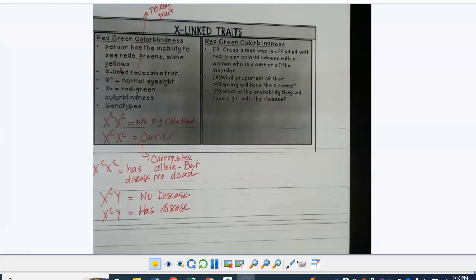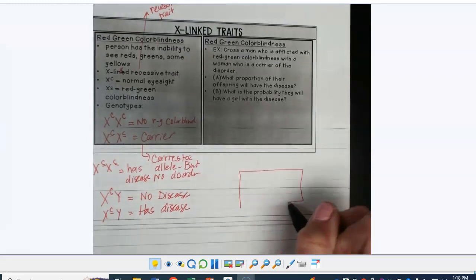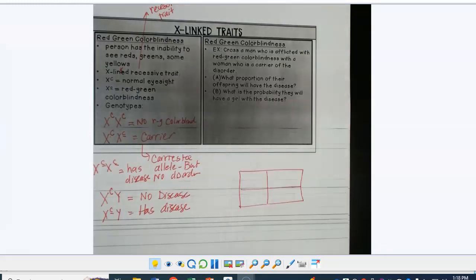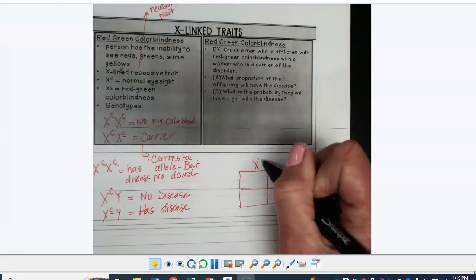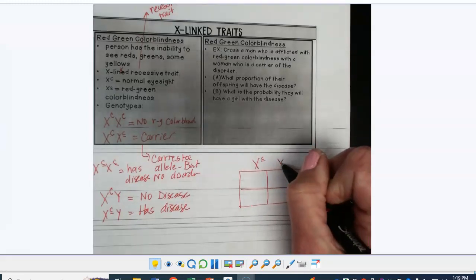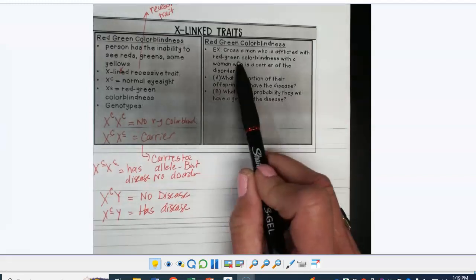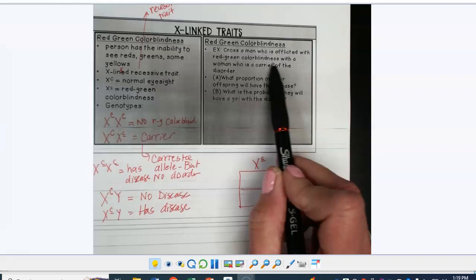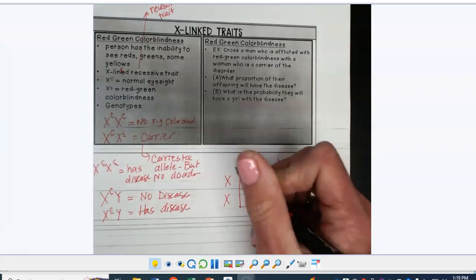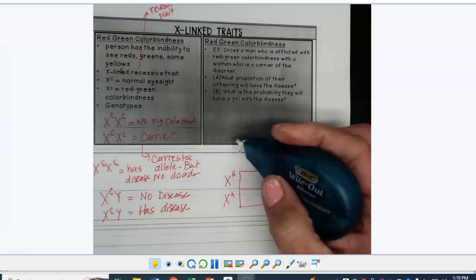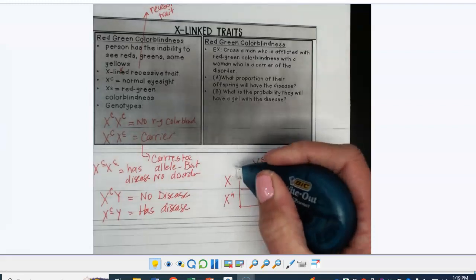Okay, so cross a man who is afflicted with red-green color blindness with a woman who is a carrier. We'll put our Punnett square right here. If he's afflicted, he has to have the recessive allele. And if she's a carrier, we're going to have the capital H and the lowercase. Oh, just kidding. We're back to C's, not H's.